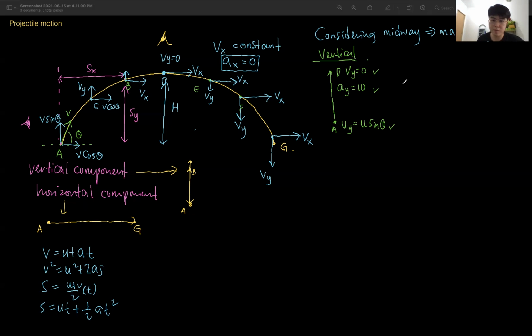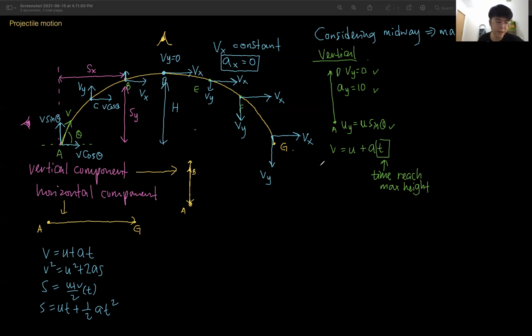we can use v = u + at. I can find the time. Okay, what is this time? The time is the time to reach the midway, the max height. Using this, all these are given.